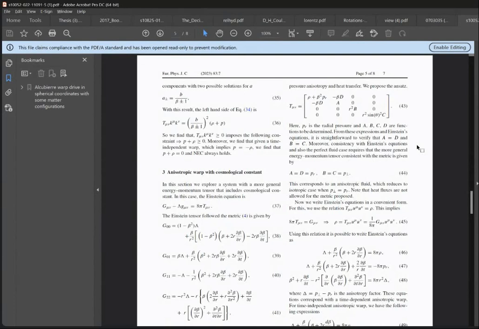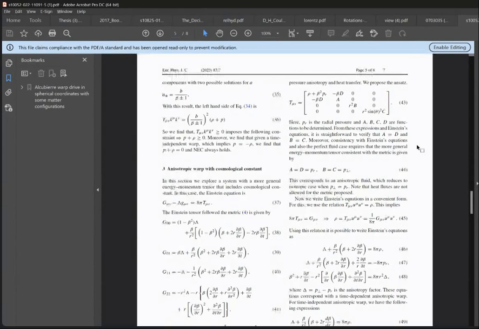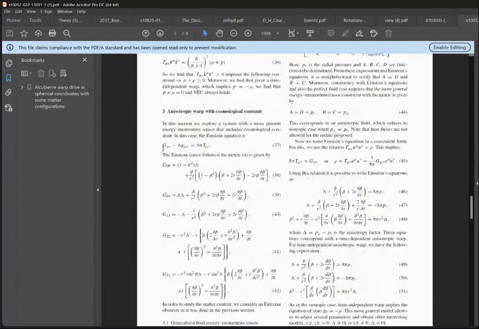And then for consistency, seeing what we can tell about the energy momentum tensor due to this coupling with the Einstein tensor, we find that these are the values that we have to put to A, D, B, and C. So basically, what we found is that A equals D equals P_r, which is the radial pressure, and B equals C equals the tangential pressure, and nothing less and nothing else.